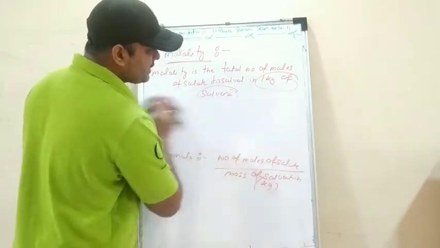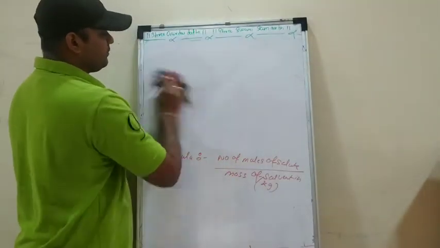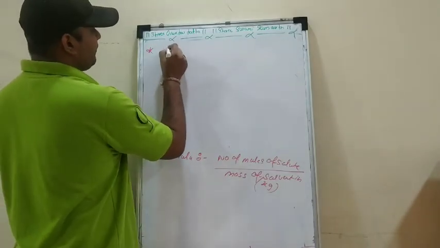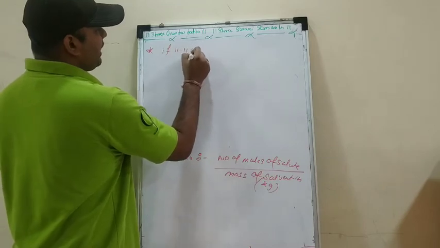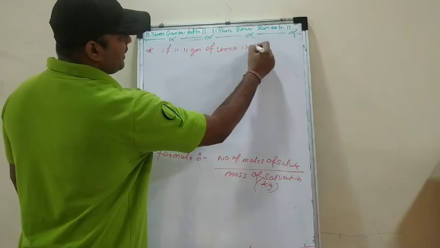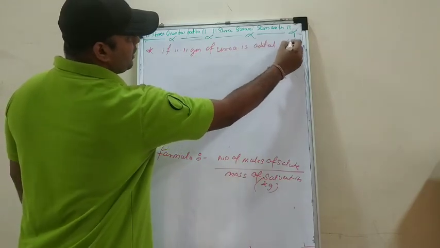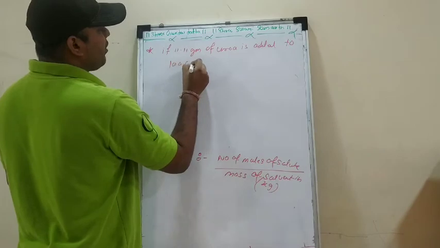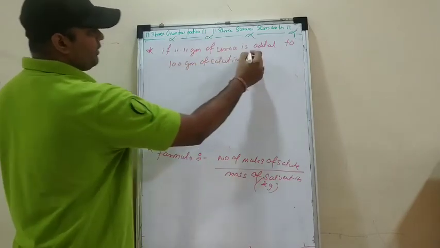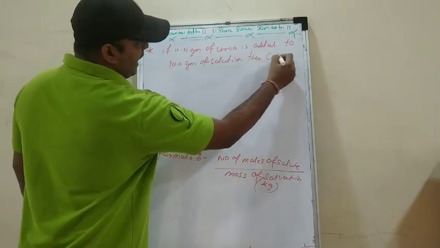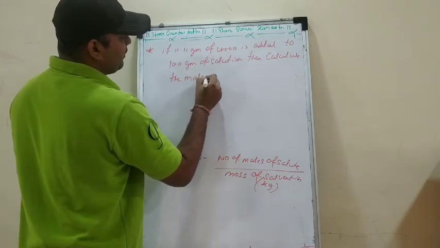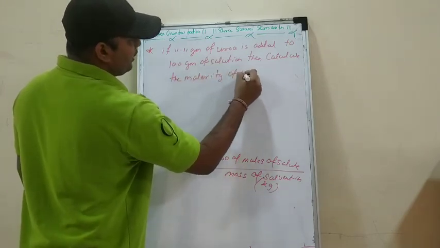Okay, now based on this, let's solve one problem, right? Let's say if 11.11 gram of urea is added to 100 gram of solution, then calculate the molality of urea.